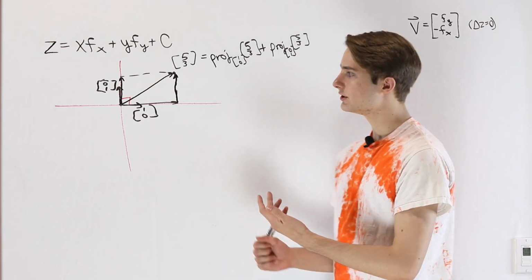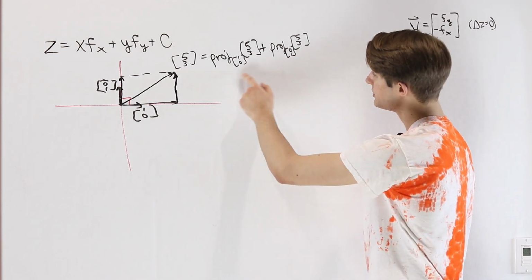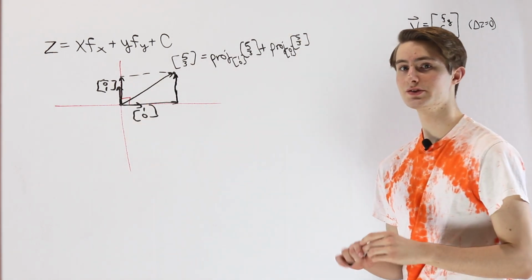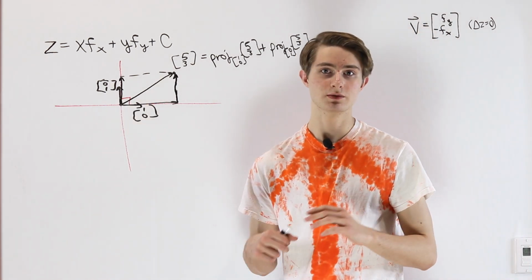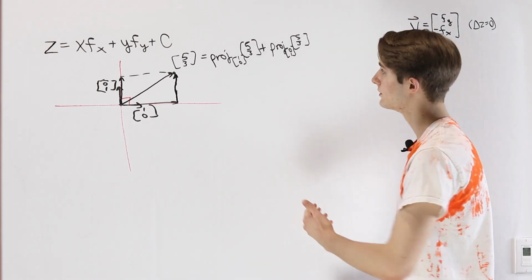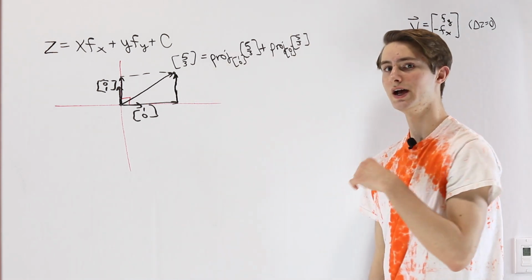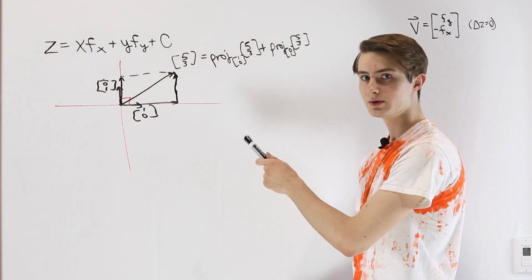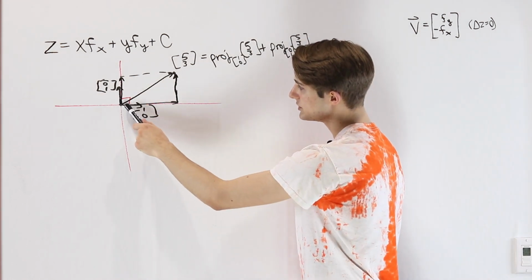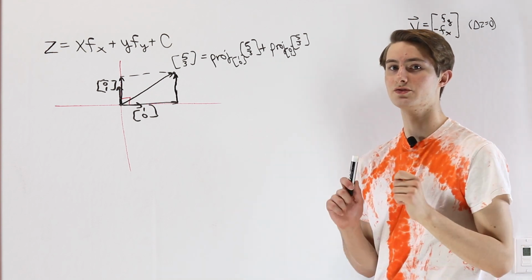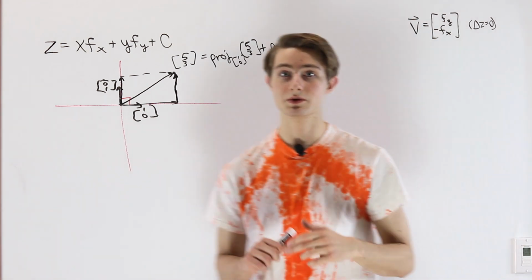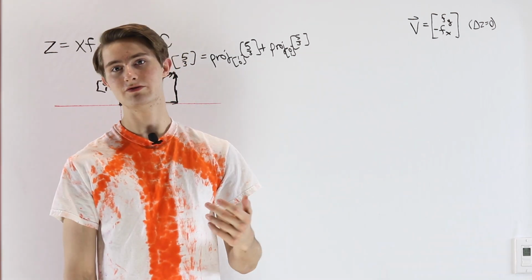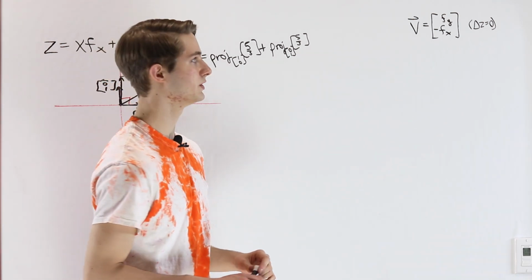And the fact that we can write any vector as the sum of its projections onto the two coordinate vectors ends up being really useful when we think about calculations, where we want to express this vector as a sum of the two coordinate vectors. So what this all means is that these two vectors being perpendicular is very, very helpful. When we go to define our own coordinate system, we want our vectors to be perpendicular as well.